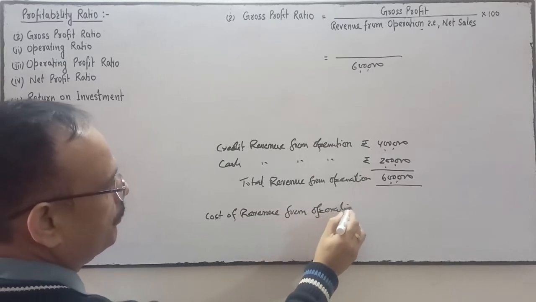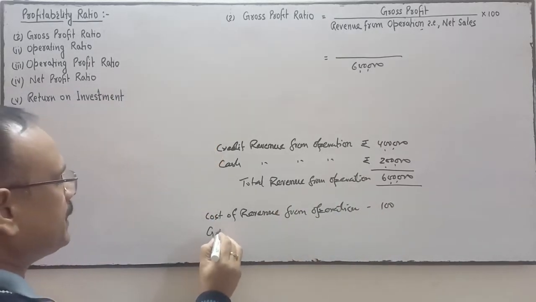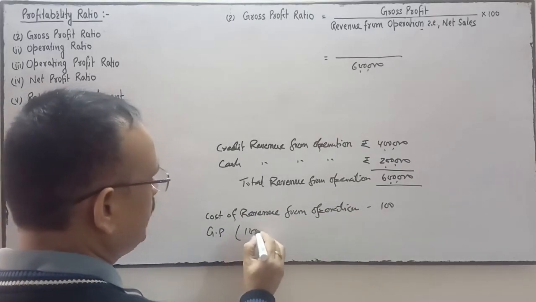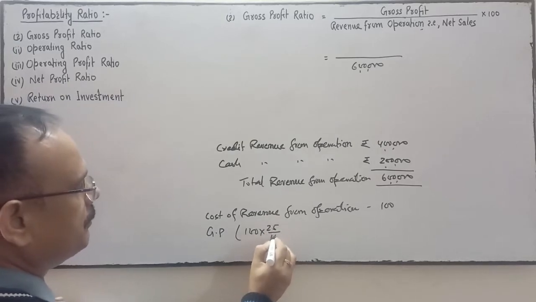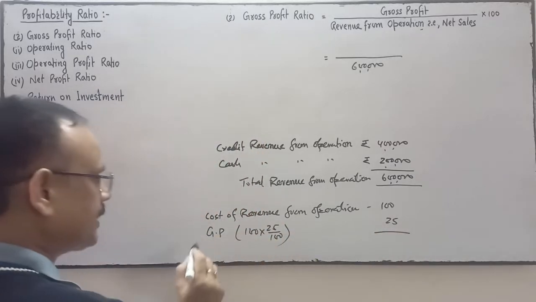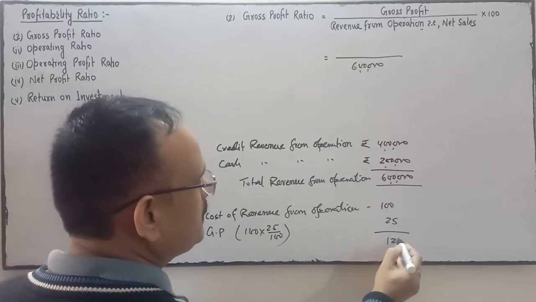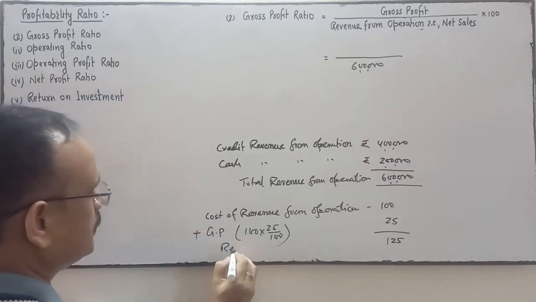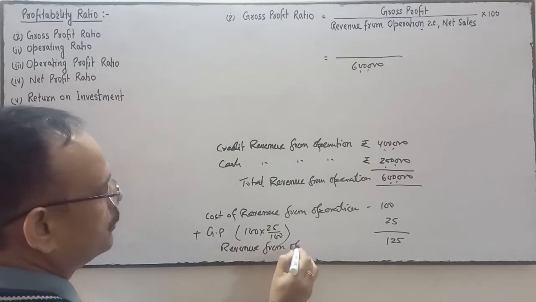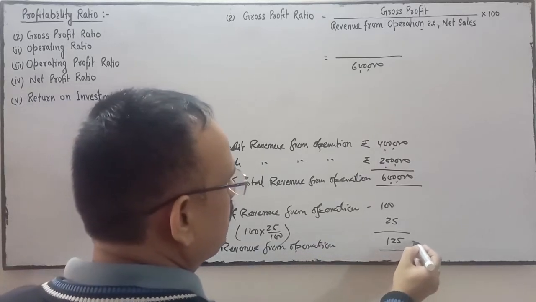So gross profit is 25% of cost of revenue from operation, it is 25. So cost of revenue from operation plus GP, when you add it, this is called revenue from operation. So when the revenue from operation is 100, then cost is how much?